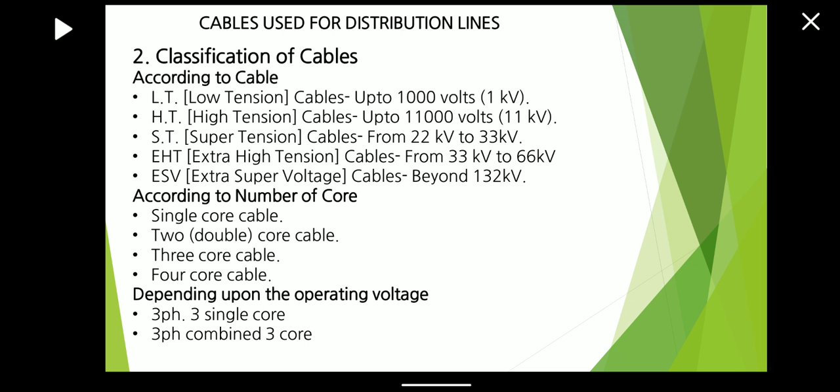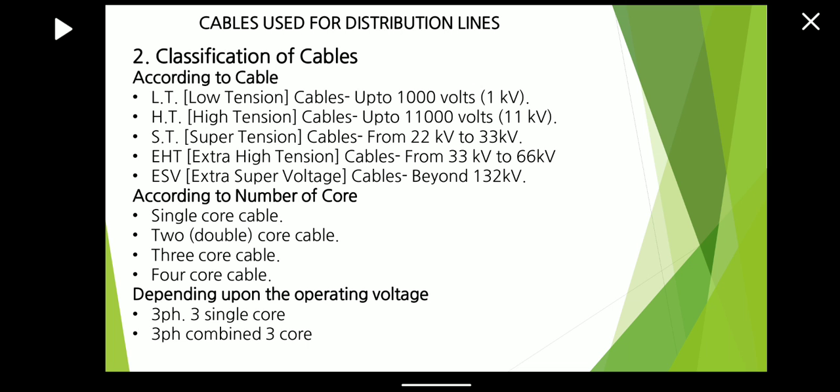Next is classification according to the number of cores. First is the single core cable. Next is the double core cable, also called a 2 core cable. Then the 3 core cable, and last is the 4 core cable.